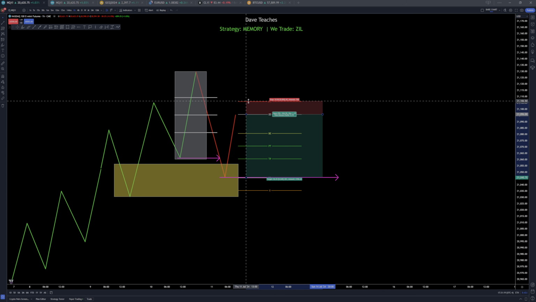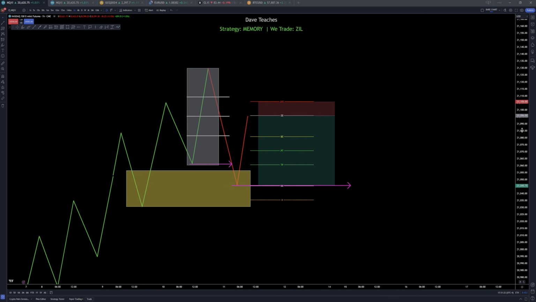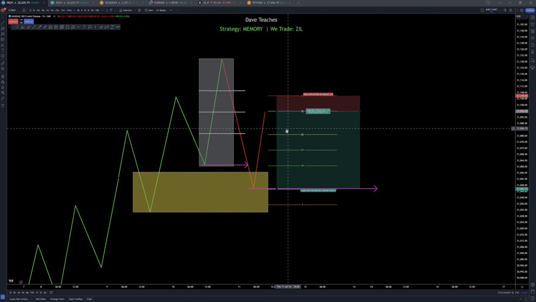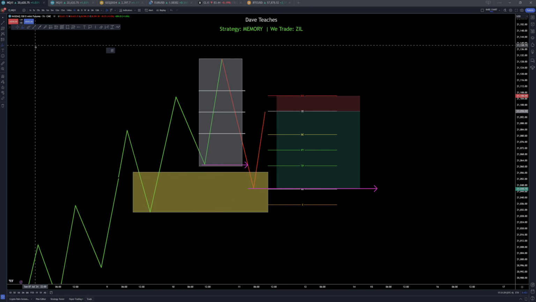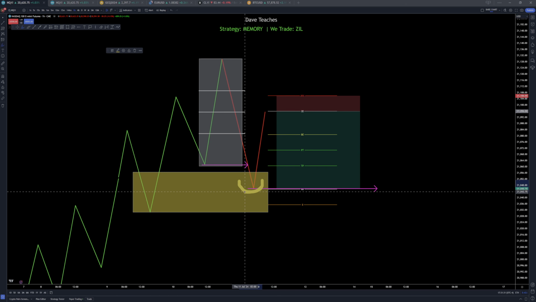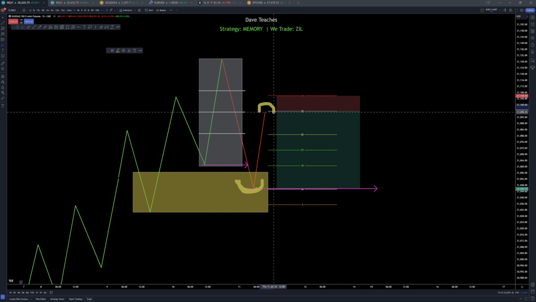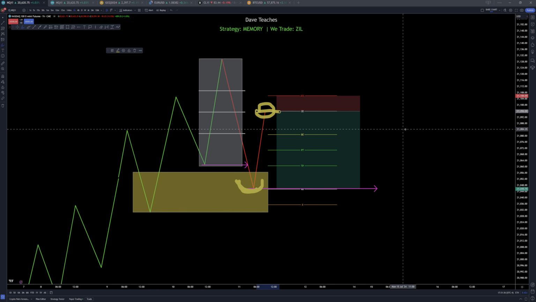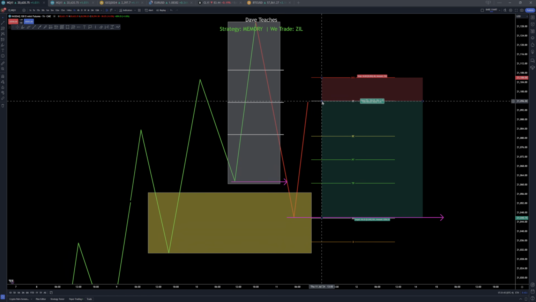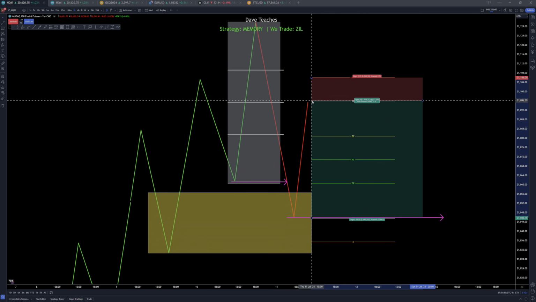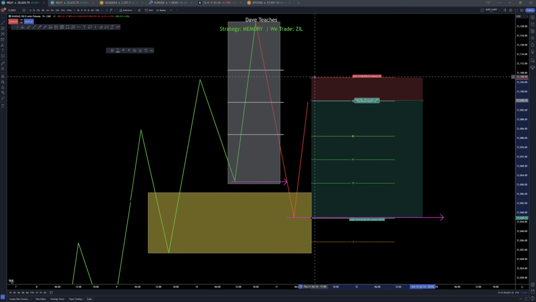So now what ZIL provides to us is it allows us to get in on the zone, and it allows us to target the low of the impulse that brought price to our zone, or that brought price to our entry. So if I can move in just a little more and show you guys here, the entry would be here, right? The invalidation would be behind this high right here, right behind the fib.